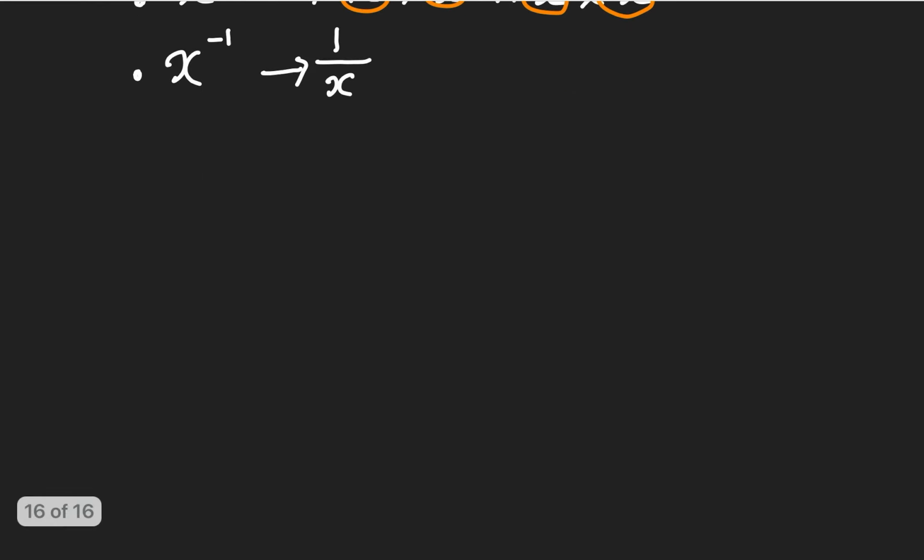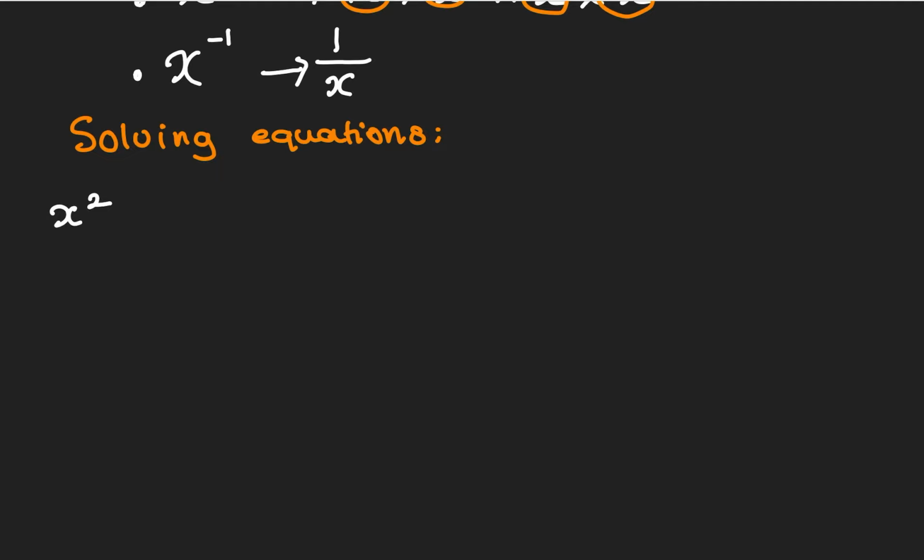Now, when it comes to solving equations, they may ask you questions like, what is x squared equal to 9? What value of x has to be multiplied by itself to get the value of 9?